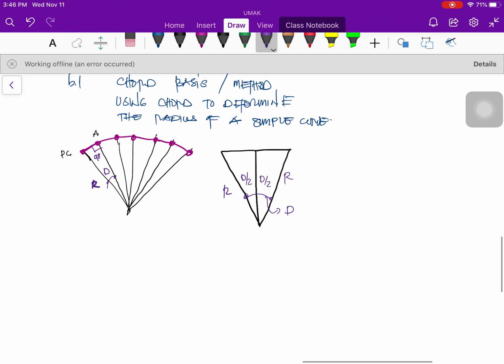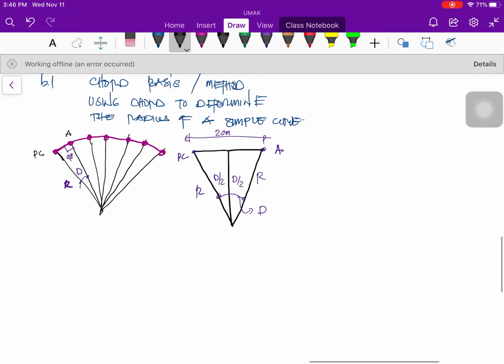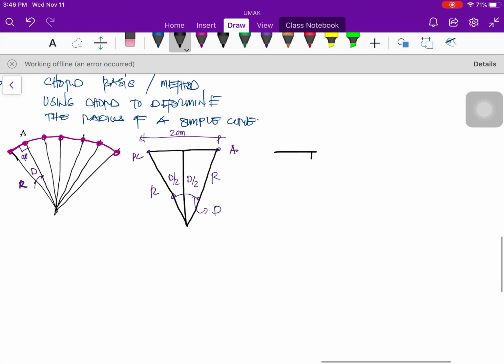And if the total distance of this chord is 20, you consider this as your station PC and station A. So that will be similar to this one. Let's just amplify. This will be D all over 2. This will be 10 all over 2. And this will be your R.